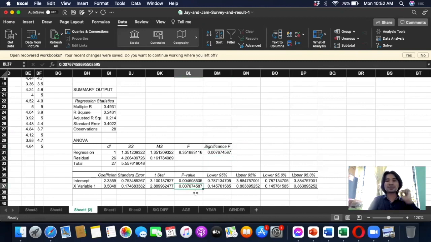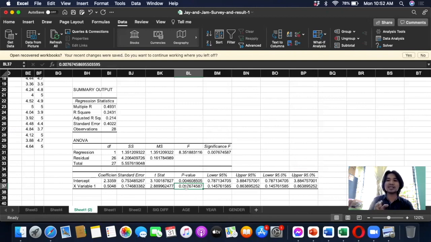So again, the significance of this p-value is for us to reject or accept the null hypothesis. And since our margin of error is 0.05, and our p-value is 0.00, this means that the null hypothesis is rejected.